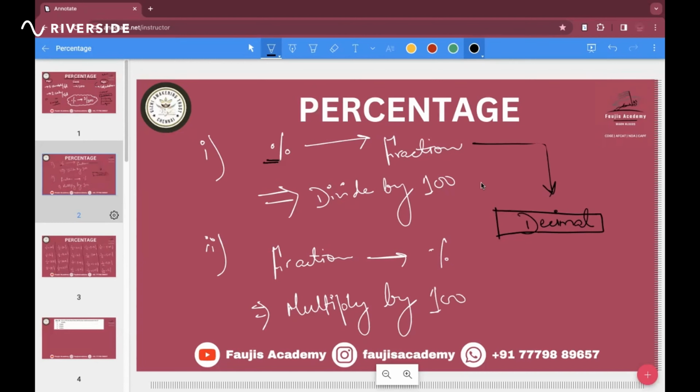Let's say I give you 72 percent. How will you convert that into a fraction? We divide it by 100. We write it as 72 by 100, and simplifying it, we write 36 by 50, or 18 by 25, or something like that.